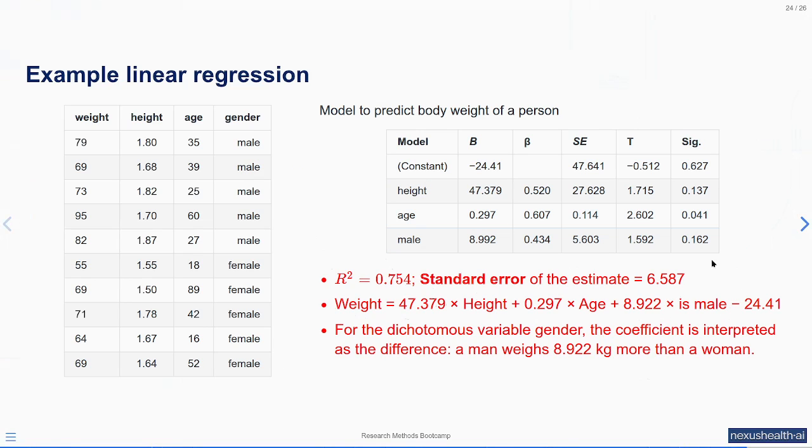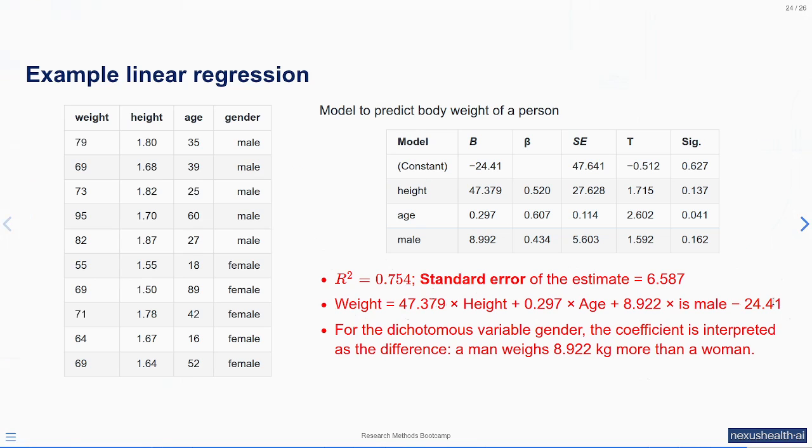And when we say times male here, we're saying whether the particular observation is male or not male. Of course, not male means female. But typically it is male or not male, or female or not female, depending on how you decide to operationalize it. And then we have the last term, the A term, which is minus 24.41.